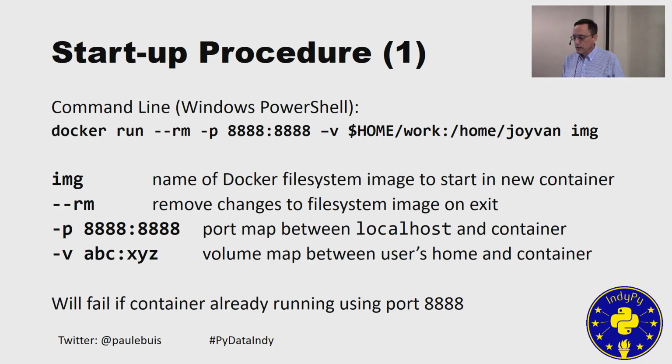And then I have to specify the port mapping between the container and the host on which the container is running, in my case, localhost. And then a mapping between the local file system, $home/work, which is a directory on my machine, on localhost, and the name inside the file system of the container.